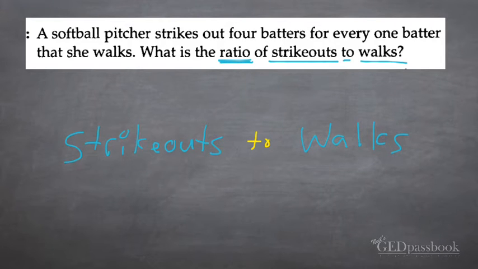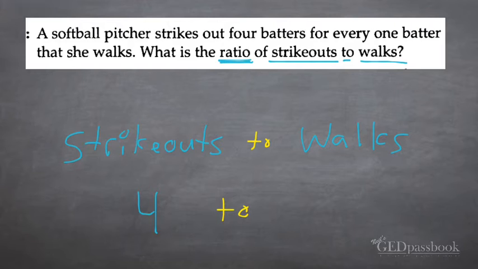A softball pitcher strikes out 4 batters. There it is, strikes out 4 batters. 4. So guess what? The strikeouts is 4. How many walks are there? 1.